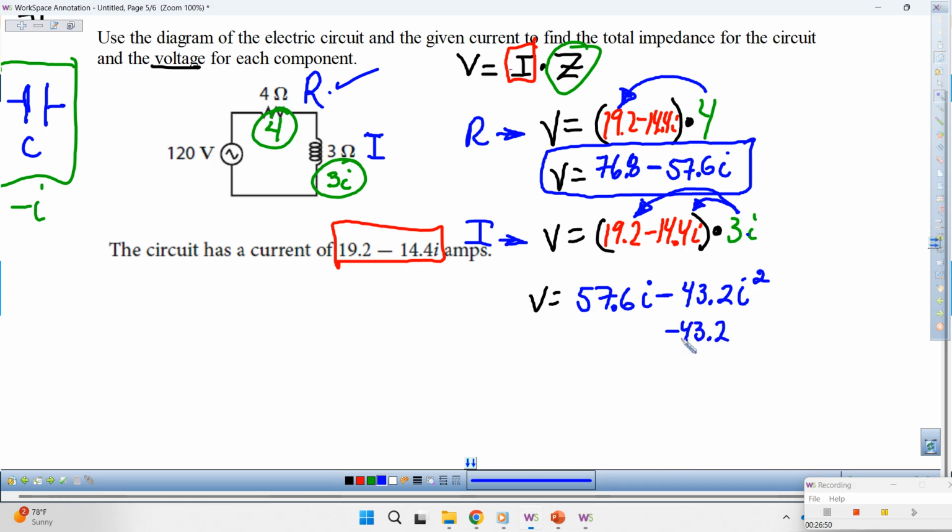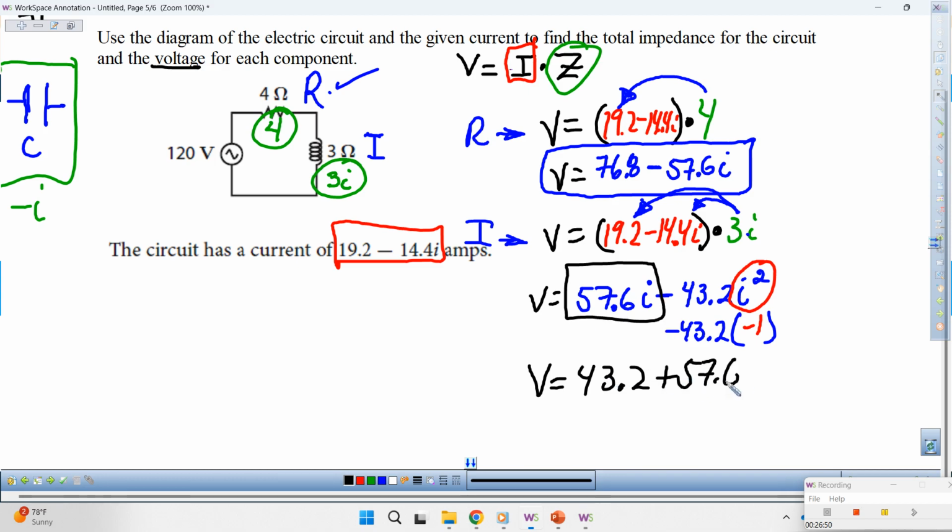Because I need to multiply the negative 43.2 times I squared, which is negative 1. Anytime you see an I squared, you substitute a negative 1. Therefore, the voltage going through the inductor is 43.2, and you bring the I at the end, plus 57.6I.